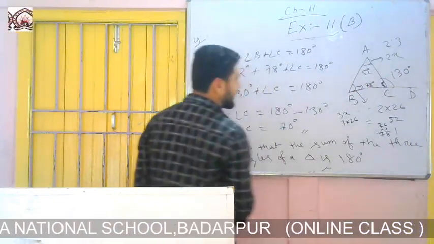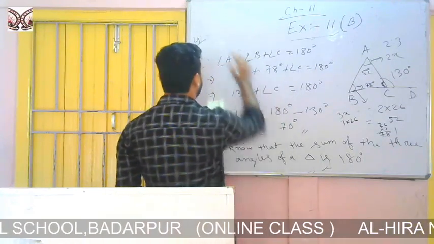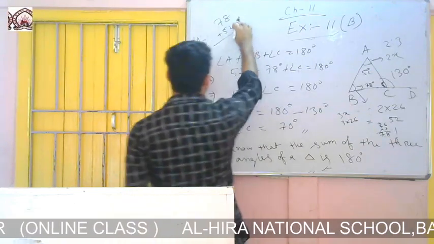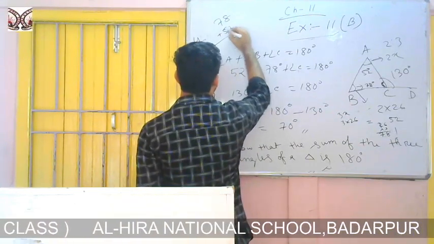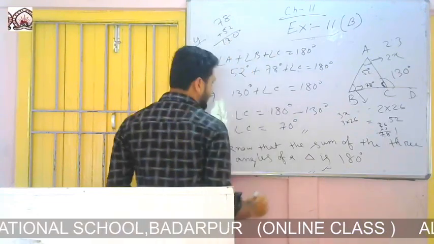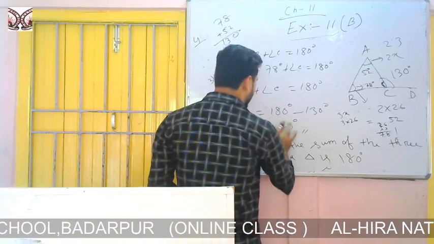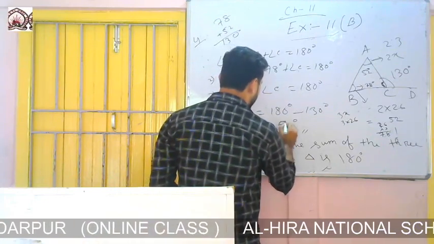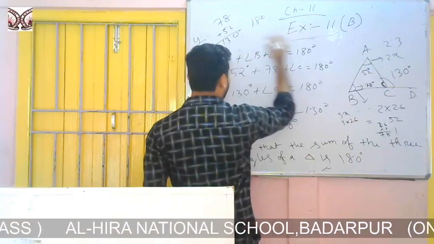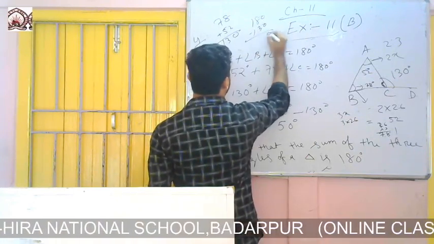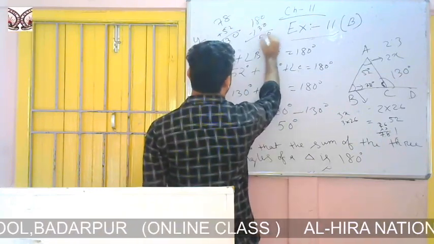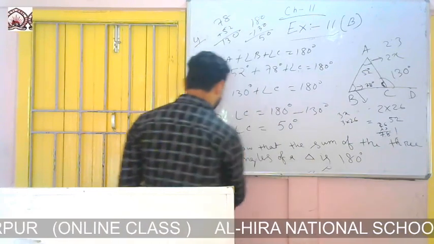So if I add, then I will get 78 plus 52. Okay, 8 plus 2 10, 0, 7 plus 5 12, and 1 13, 130. Okay, sorry, we'll get 50 degree. If I subtract 180 degree from here, then I'll get 0, 8 minus 3 what? 5, 1 minus 1 0, so 50 degree.